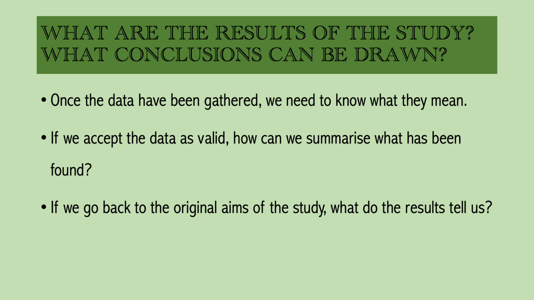So once the data have been gathered, we need to know what they mean. If we accept the data as valid, how do we summarize what has been found? So basically, you just have to summarize what the data means. Is it supporting the aim of the study? If we go back to the original aims of the study, what do the results tell us?